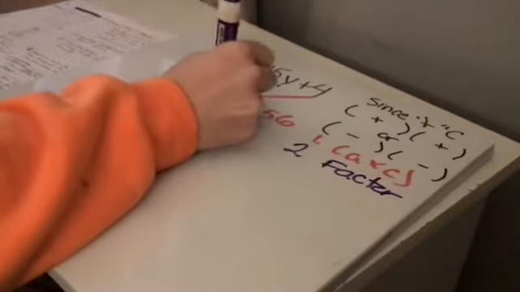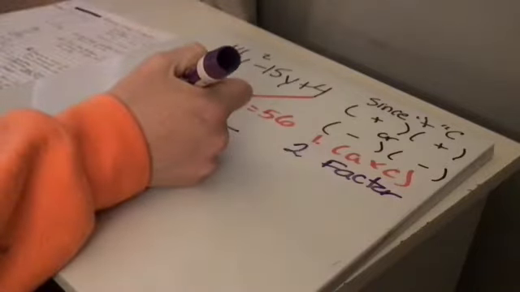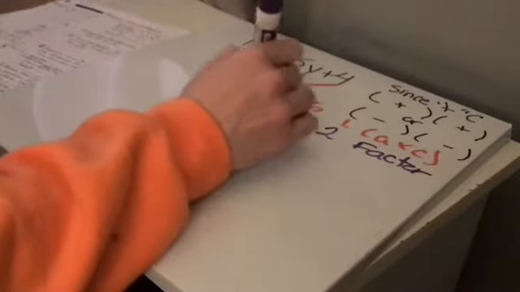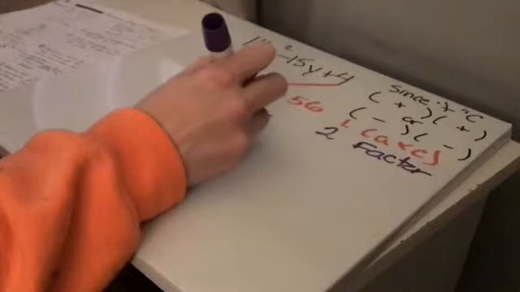Then you are going to factor. We're going to take 56 and factor it. So factors of 56 are 1, 56, 2, and 28.